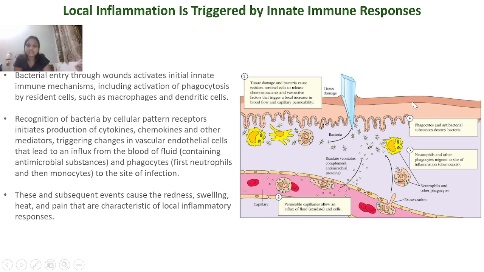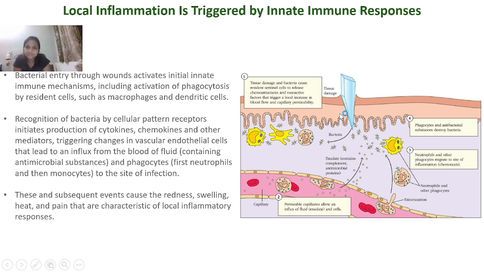These are the first line of defense, the anatomical barriers, which prevent bacteria or any kind of virus from entering. But whenever there is a breach in this system, then our innate immune system will be activated.